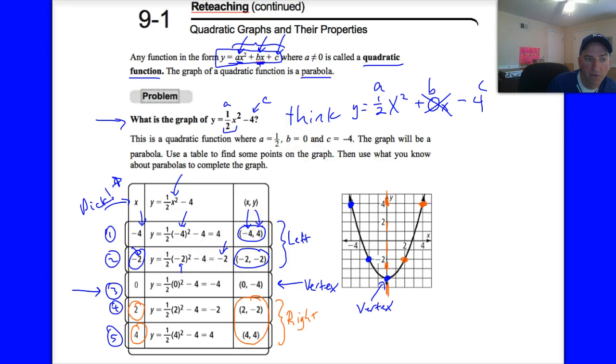Now here's another cool thing that happens. If you'll notice this now, it'll make our life a lot easier. If I did point number 1, and I realize that this -4 is 1, 2, 3, 4 spaces from the axis of symmetry, the point opposite that will also be exactly that many spaces.